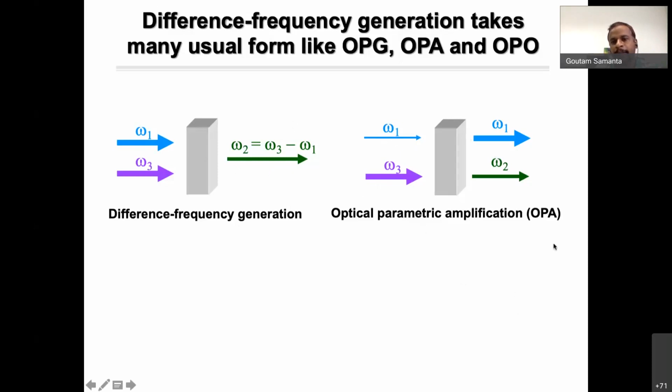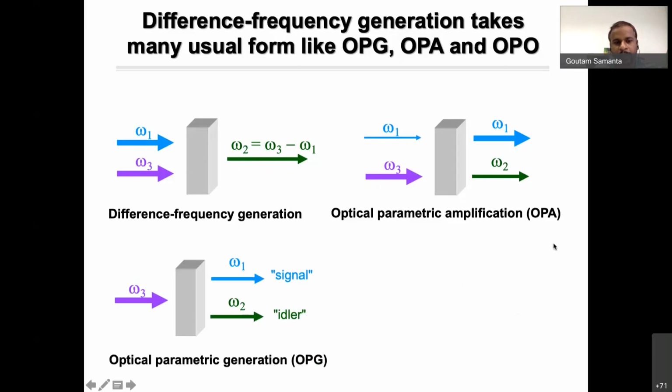That is basically optical parametric amplification. We can also have one input beam at frequency omega-3 and generate a pair of new frequencies, a signal and an idler. This is called optical parametric generation, and this is the process being used today for quantum optics experiments. I'll come to that later in my presentation.